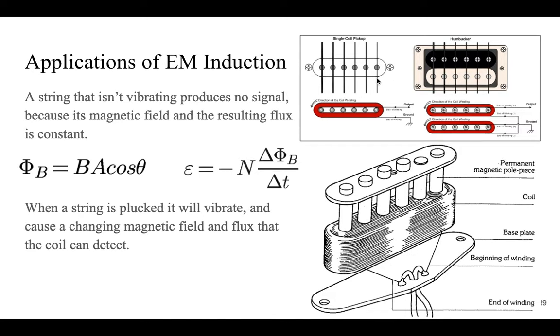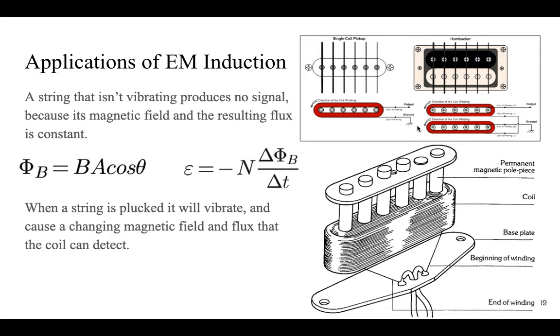So that's how a regular pickup works. If you have a humbucker, I forget exactly the real principle of this, but you've got a pair of these regular ones, and one of them will be wrapped one way, and the other one will be wrapped the other way. You can maybe barely tell here that these are all souths and these are all norths.